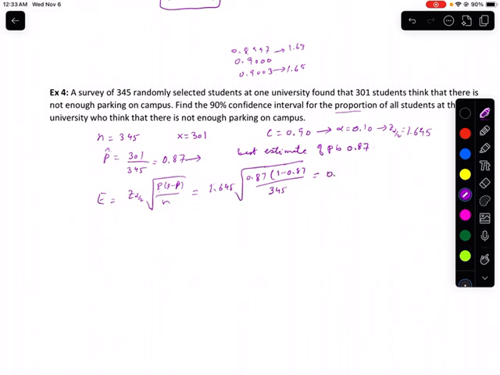So now what we do, P hat minus E gives me 0.87 minus 0.03, which gives me 0.84. Then I do P hat plus E, 0.87 plus 0.03, which makes it 0.9.